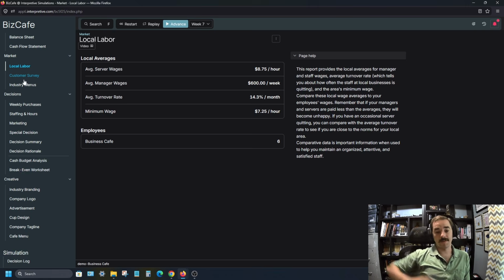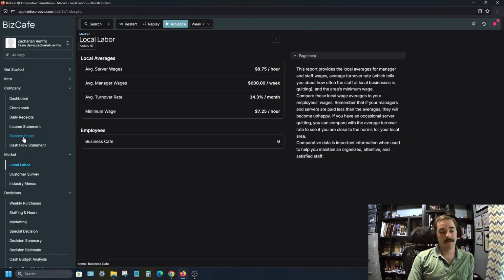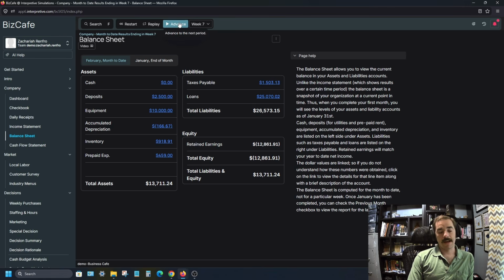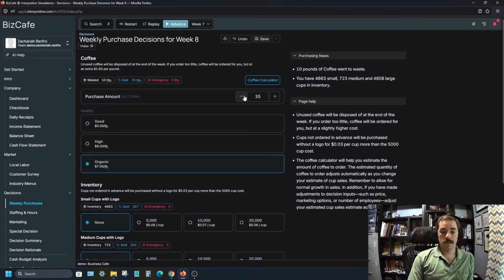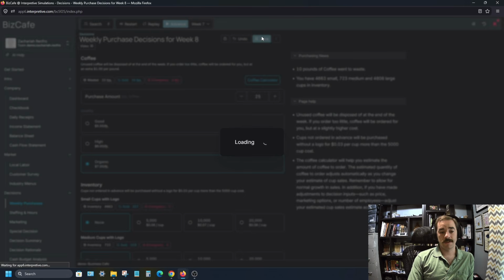Maybe it was because we didn't pay close enough attention to our wages, but we ran out of money. We went out of business, and I wonder if it will even let us advance now that we're out of cash. It will let us advance, so okay, we'll save that.